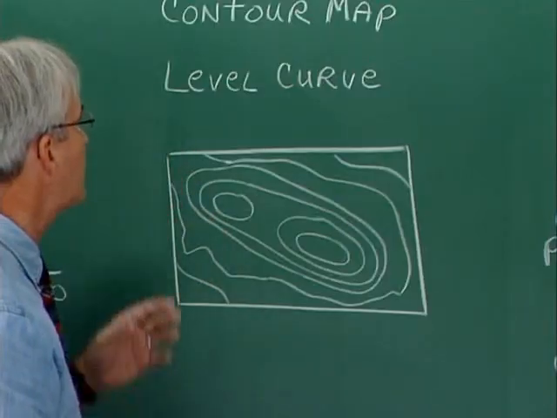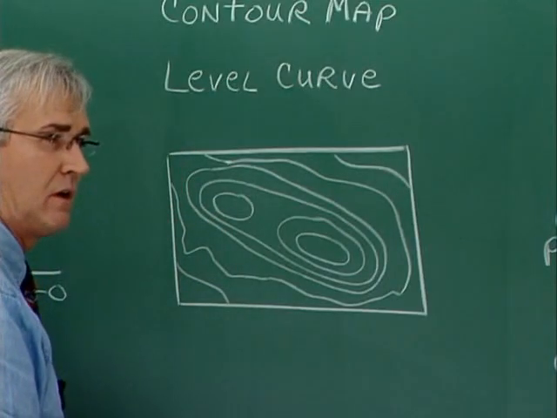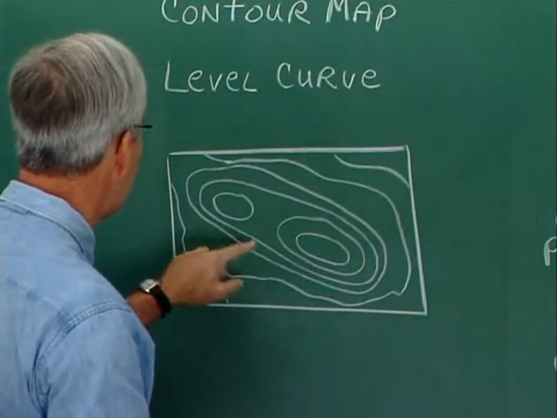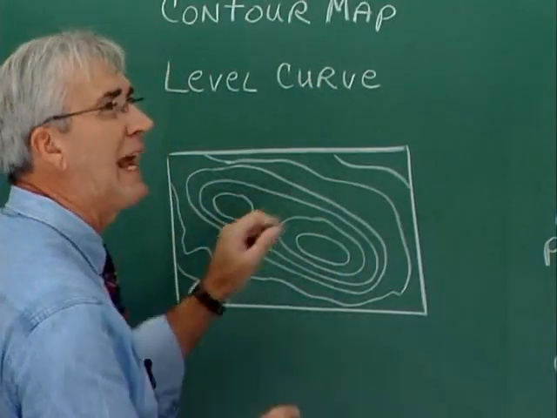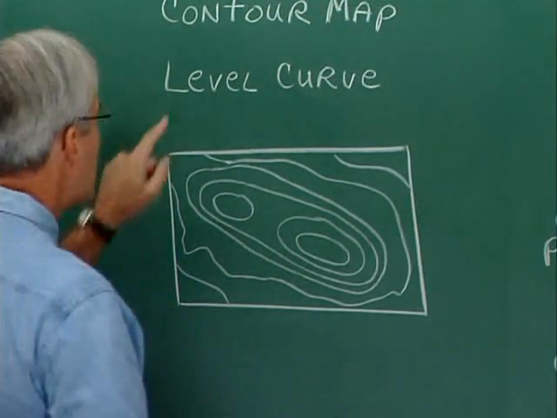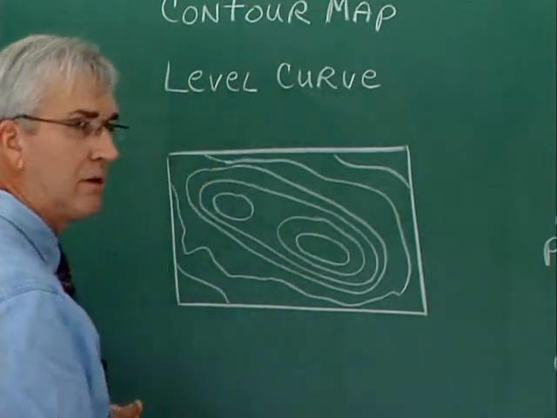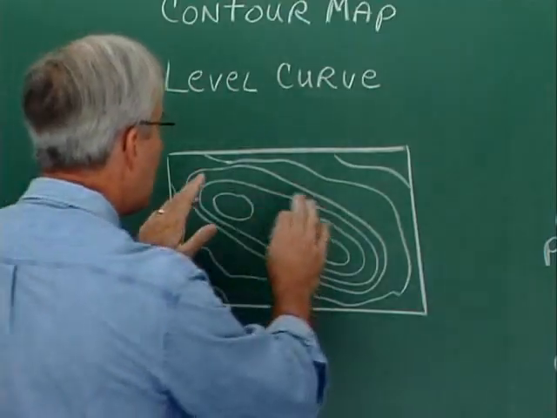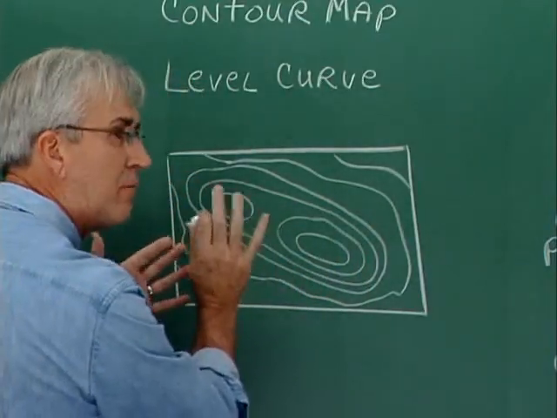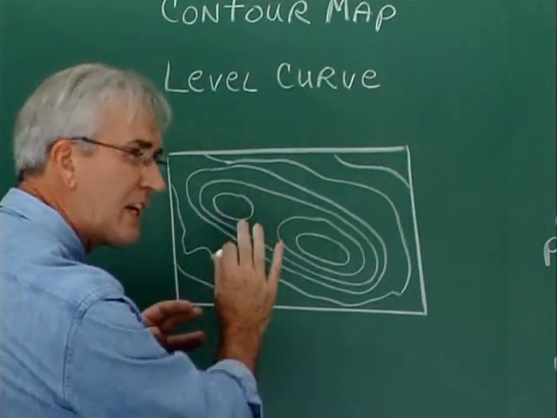And that's what a contour map is all about. Each one of these represents a different altitude, if you will. And each one of these is called a level curve. All these are just traces that are projected upon the XY plane.